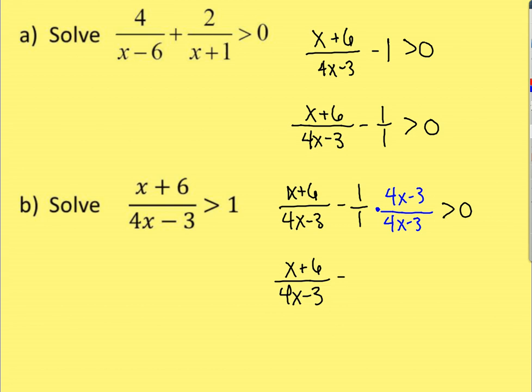One times 4x minus 3 is just 4x minus 3, so our numerator and denominator for this new fraction will just be 4x minus 3. Now since our denominators are the same, we can combine like terms. So if we write this out, we have x plus 6 minus the quantity of 4x minus 3.